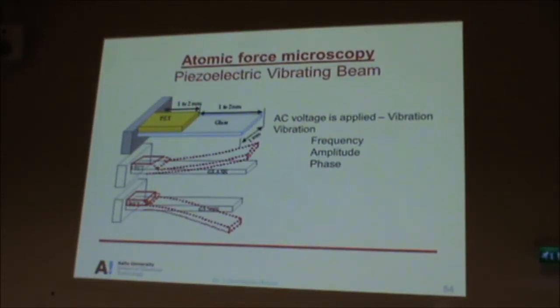Now the beam, let's say its vibration is this, exactly following the AC voltage that you applied, then you can tell that it's in phase. But then if the vibrating beam is undergoing a bit of delay, then the distance between this and this, that's the phase difference, the angle between this, that's the phase difference. And that also gives valuable information about what kind of processes are happening.